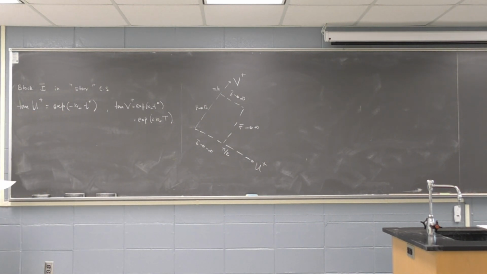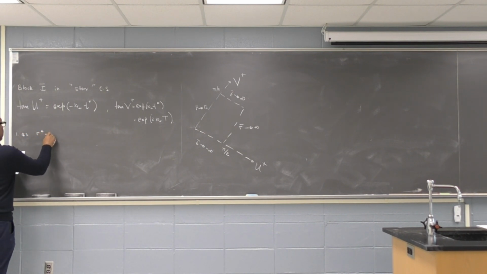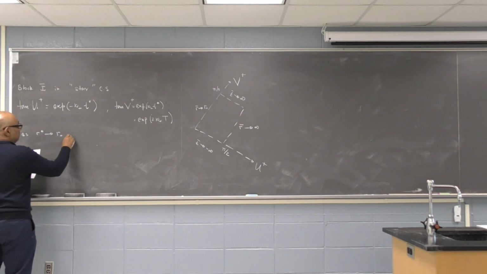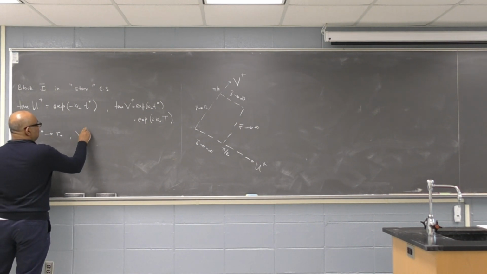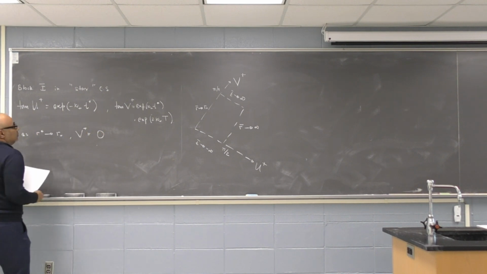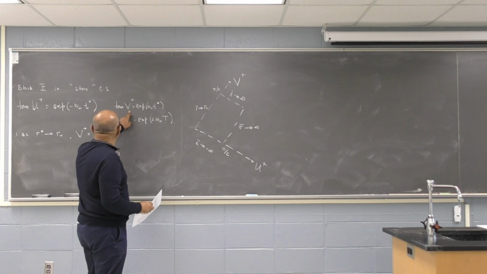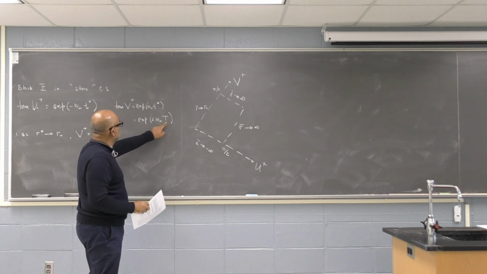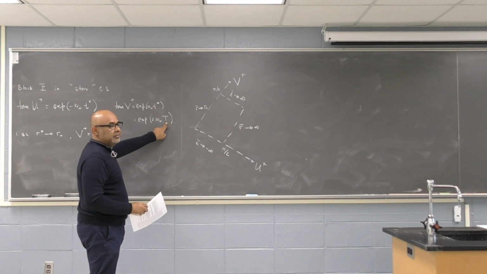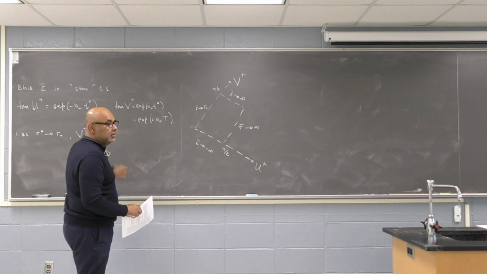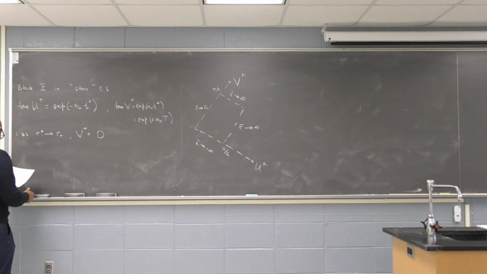So let me write this down one more time. The limits, we'll check for 1 or 2 very quickly. As r star approaches r plus, v plus is equal to 0. So I get this one. This is minus infinity. So exponent of minus infinity is 0. So v plus is 0 for any finite t bar.